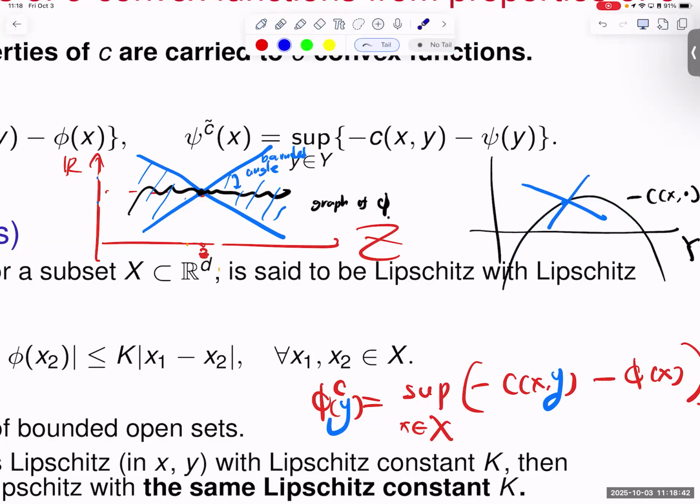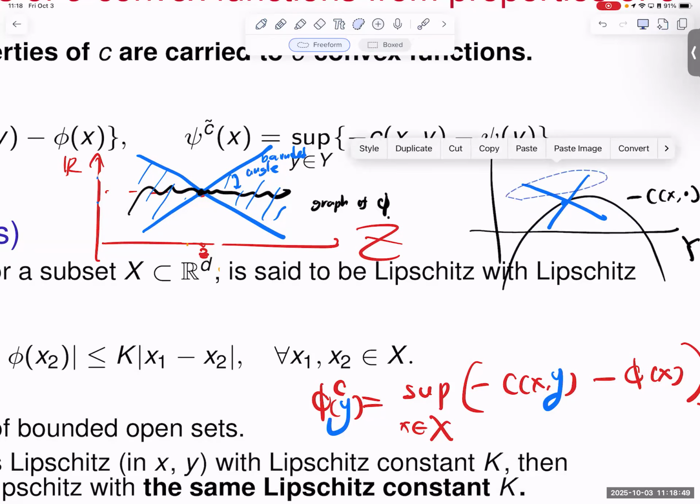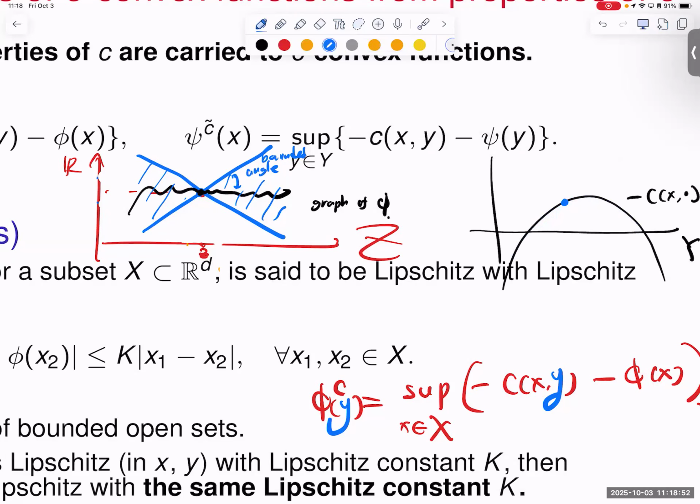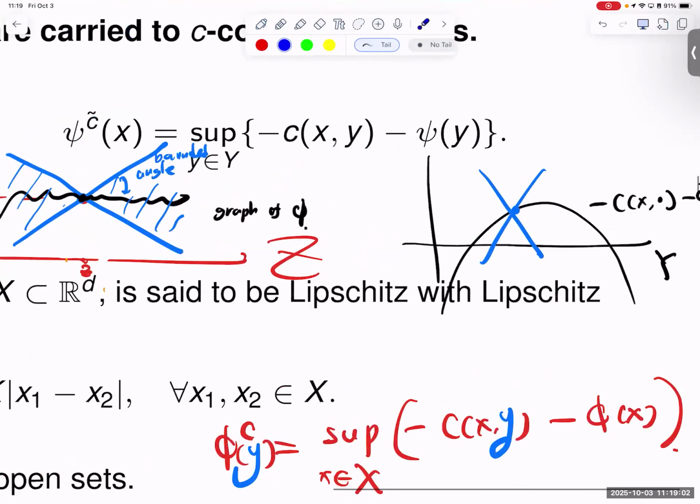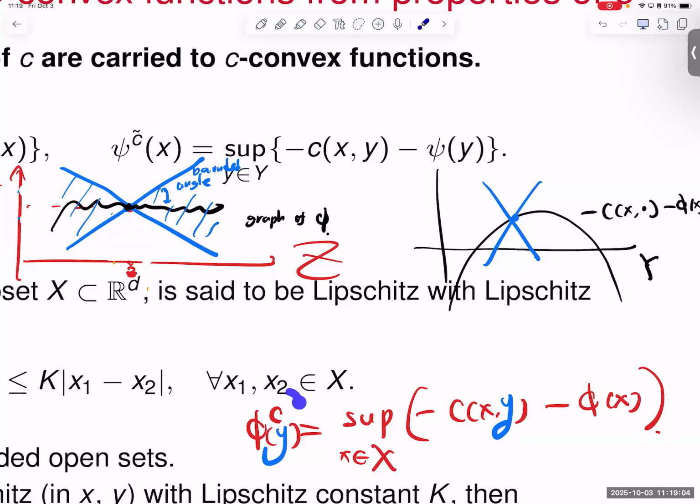All right, fine. Maybe I should draw this more in such a way that it can contain everything. Okay, all right. You see? Okay, now the C-Legendre transform is supremum of such functions. So imagine you have a family of such functions, like something else, something else, something else. Okay.